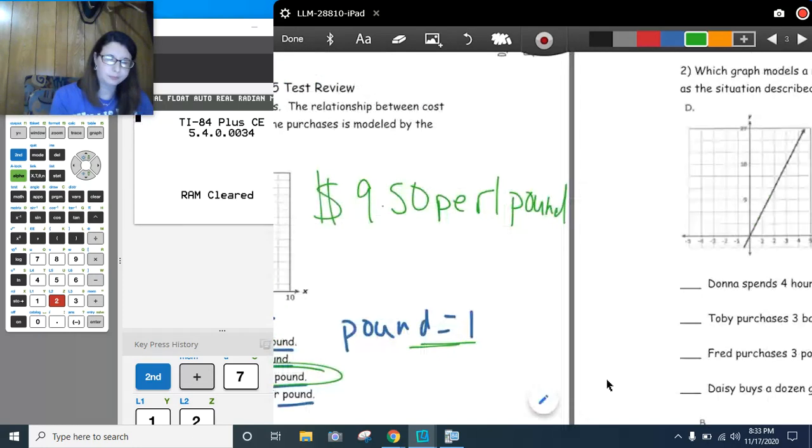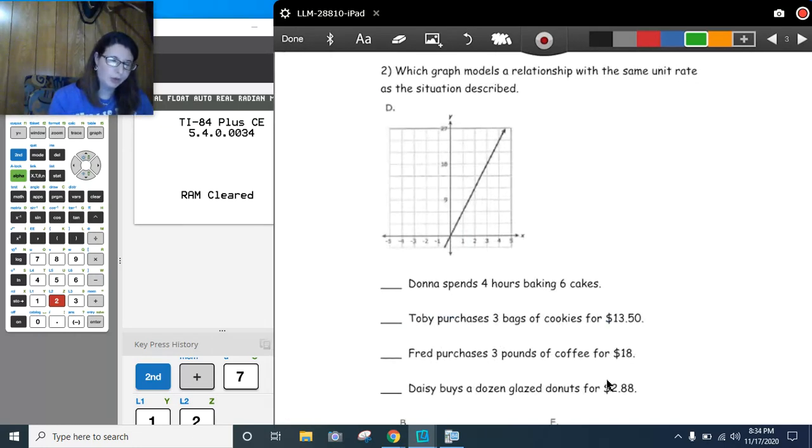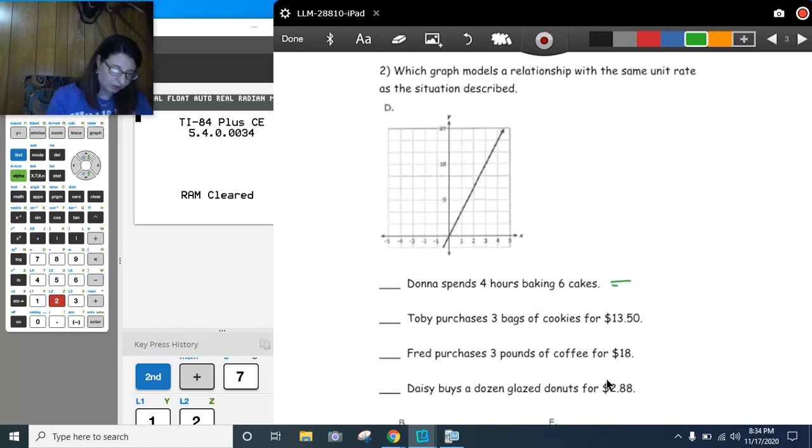Okay. Problem 2. Which graph models a relationship with the same unit rate as the situation described? So again, we've got these different situations at the bottom, and I want to figure out which one is represented. Do we have 4 and 6? So I'm going to start with the green.